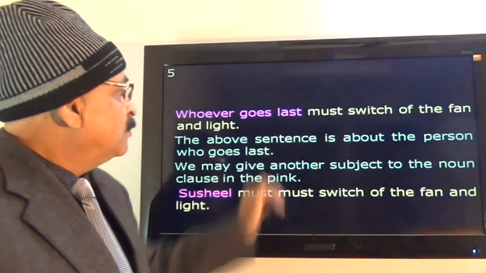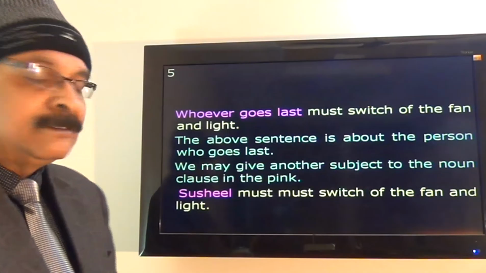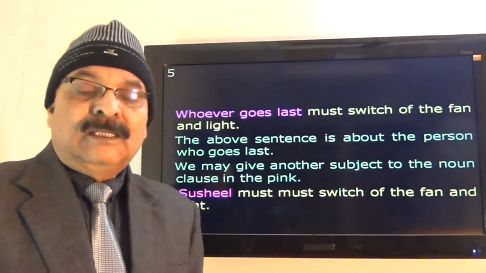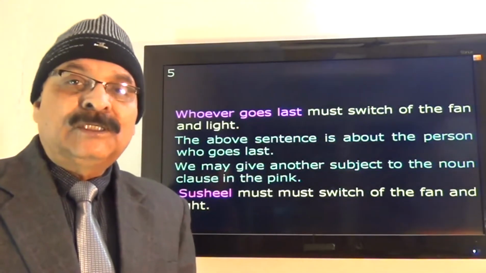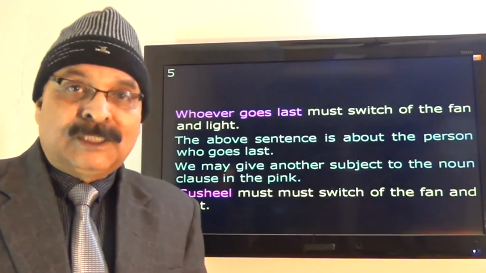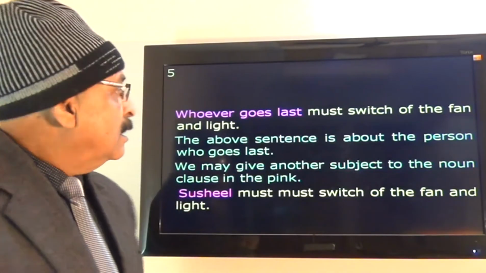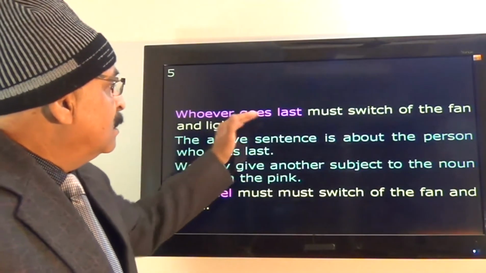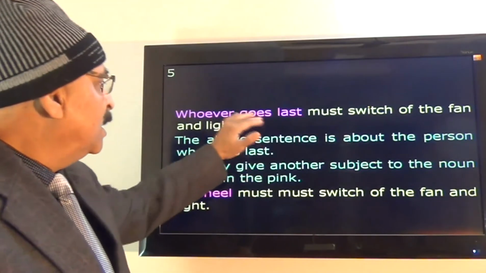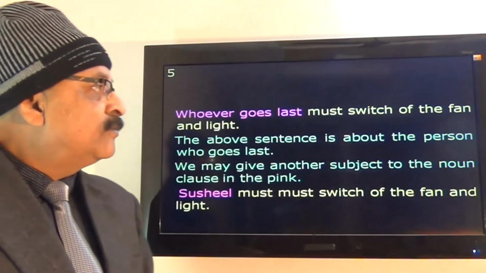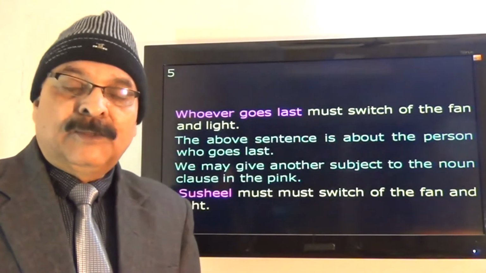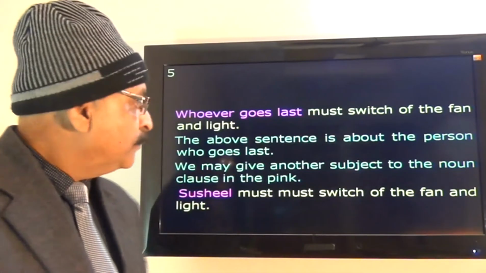Whoever goes last must switch off the fan and light. The above sentence is about the person whoever goes last. It means you may replace this. Sushil must go. You may say Sushil must switch off the fan and light because he goes last.